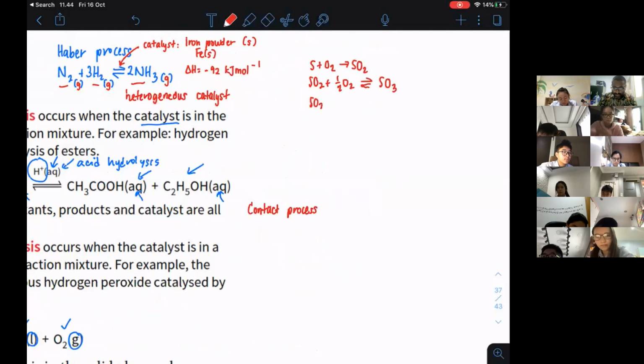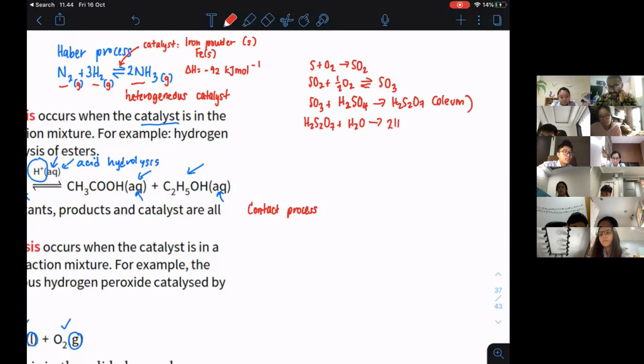SO3 plus H2SO4 gives me H2S2O7. This is oleum. H2S2O7 plus water gives me 2H2SO4.